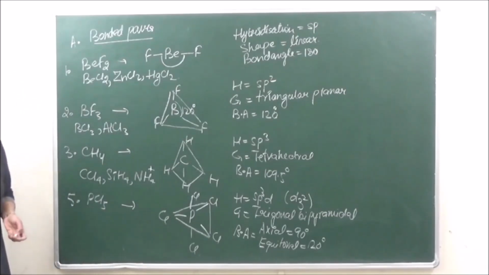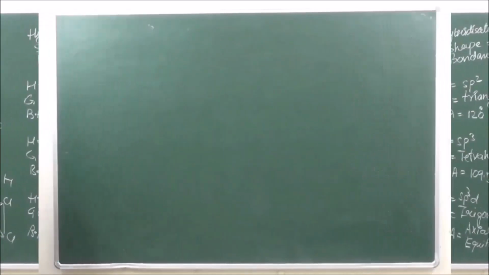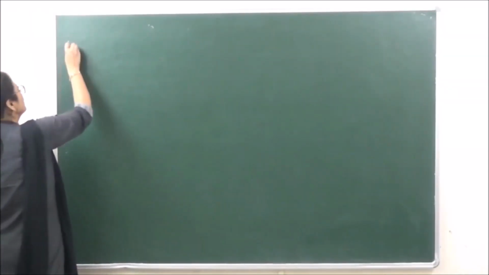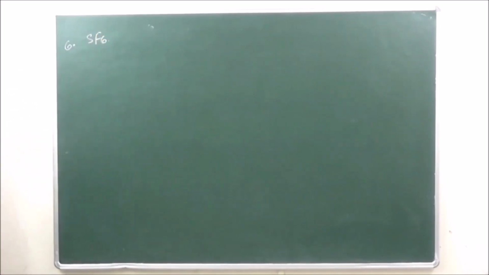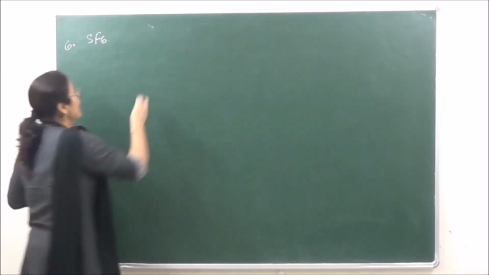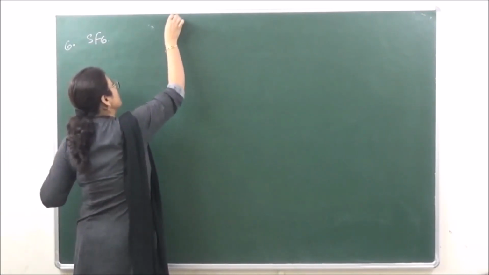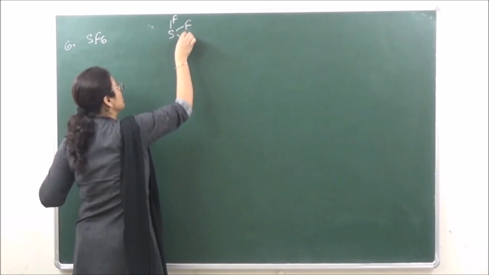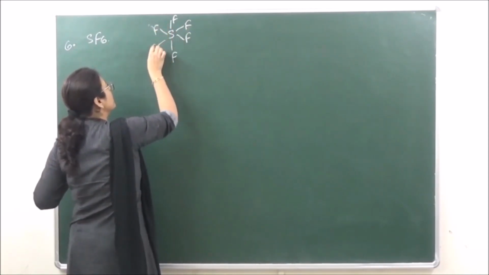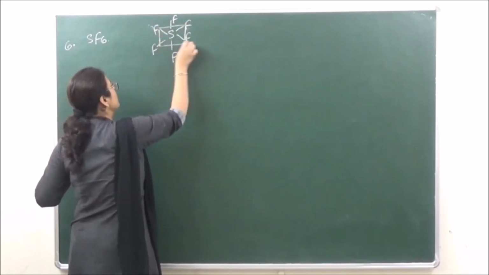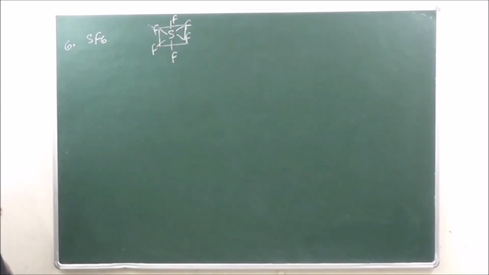Then the sixth one is SF6. SF6 has an octahedral shape. So this is SF6.